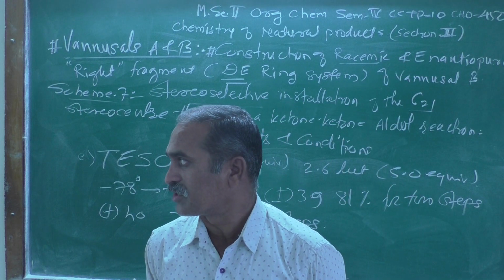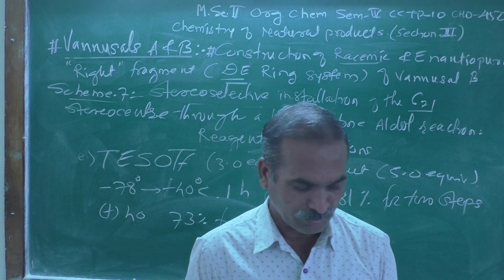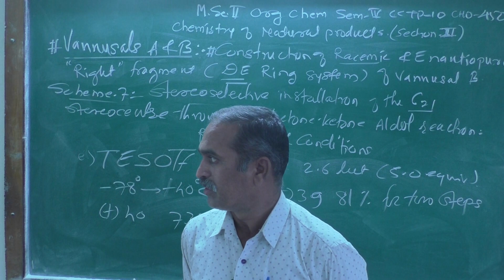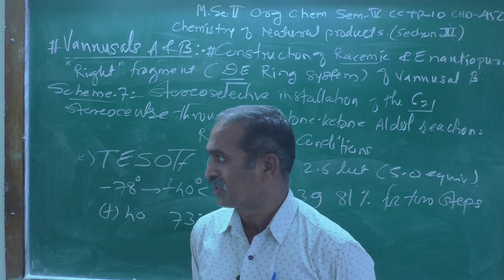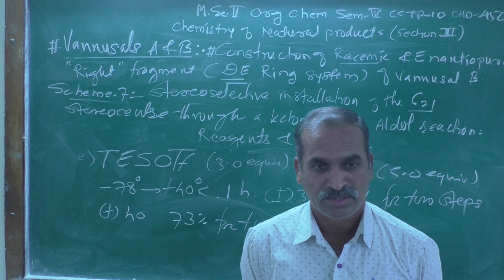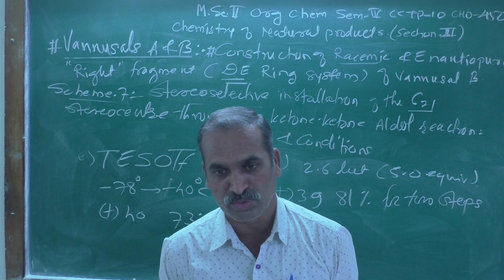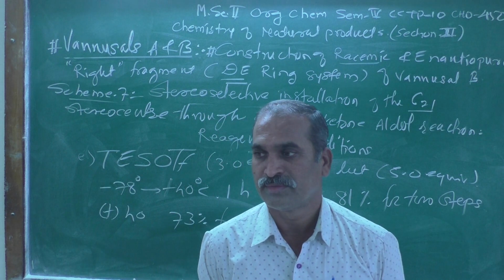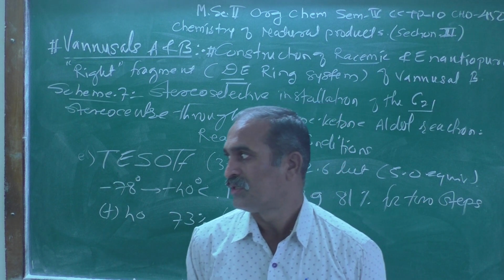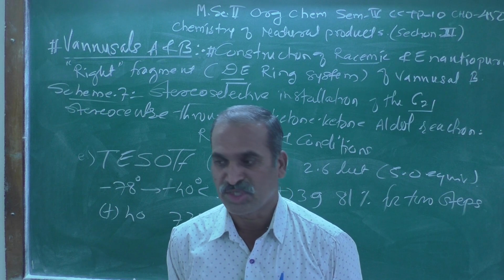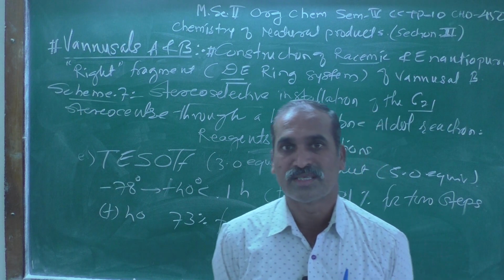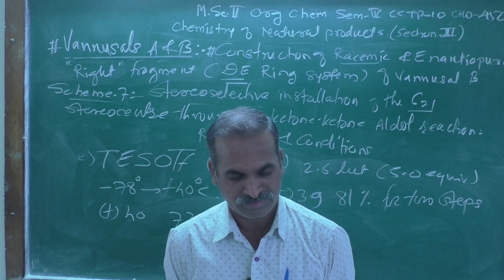It has great importance because we generated one of the chiral centers by using the ketone-ketone aldol reaction while synthesizing the right fragment DE ring system, which we discussed in scheme number 7.